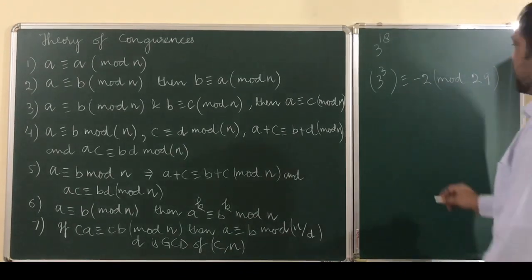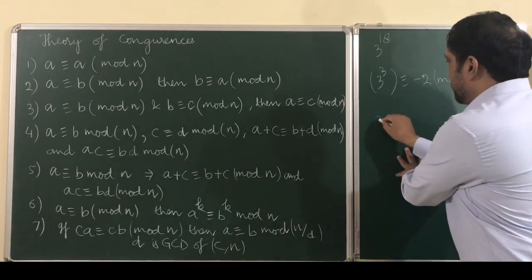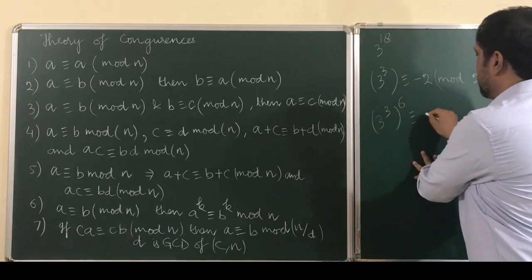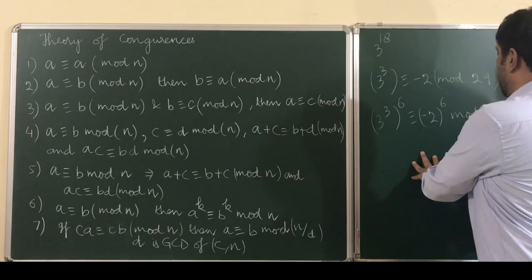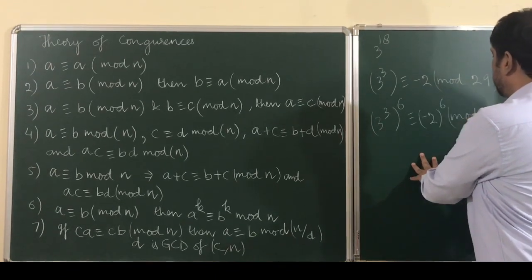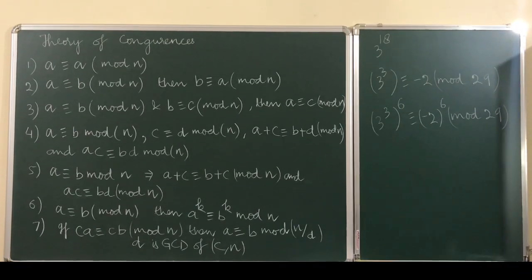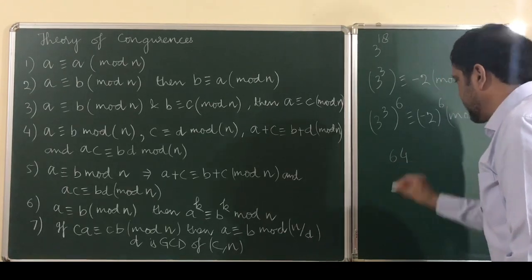Then using property number 6, you can write 3 raised to the power 3 raised to the power 6 congruent to minus 2 raised to the power 6 modulo 29. Minus 2 raised to the power 6 becomes 64, so we check the divisibility of 64 by 29.